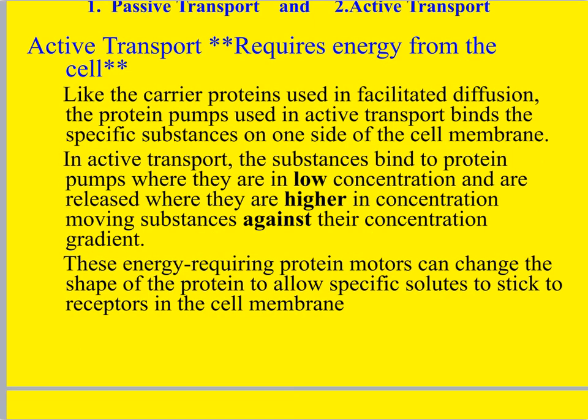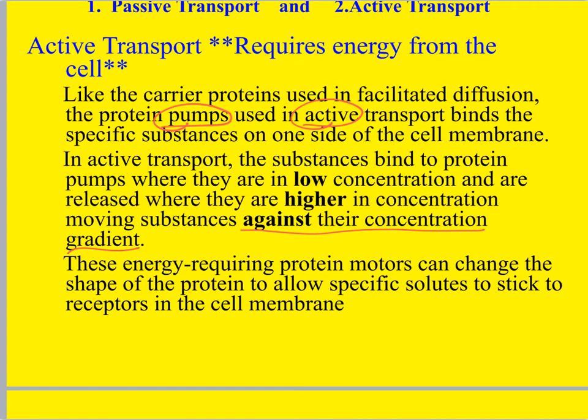So again, active transport requires energy. Okay, so like the carrier proteins used in facilitated diffusion, you have these protein pumps. If you see pump, it will be active transport. Okay, and so it binds to that substance and helps pump them across the cell membrane using energy. And it's a pump, so it goes against the concentration gradient.